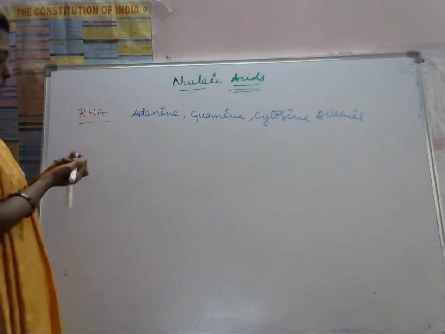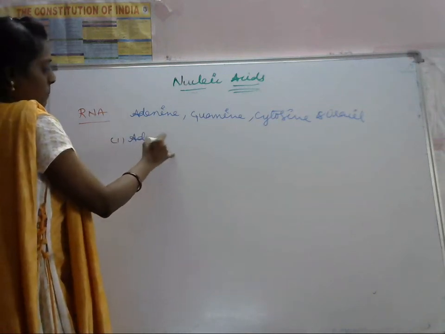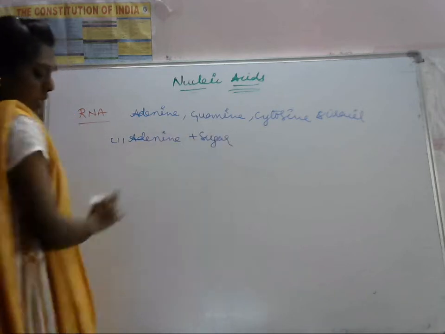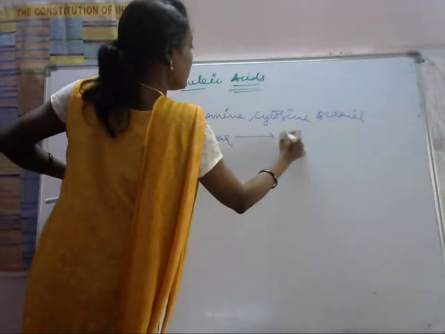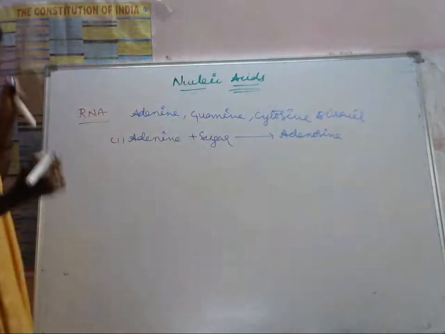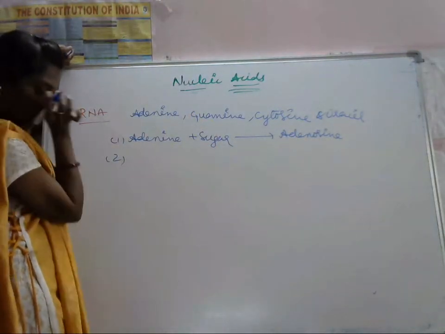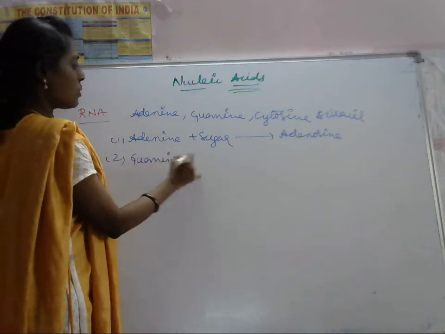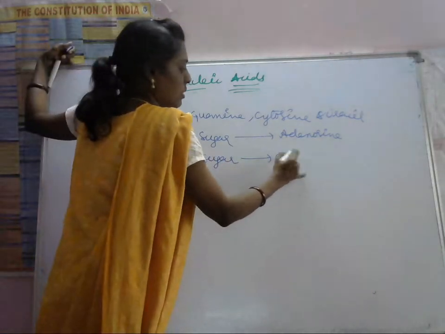So ribose means here adenine plus sugar, so it will give adenosine, and like that guanosine. Okay, guanine plus sugar, which will give guanosine.